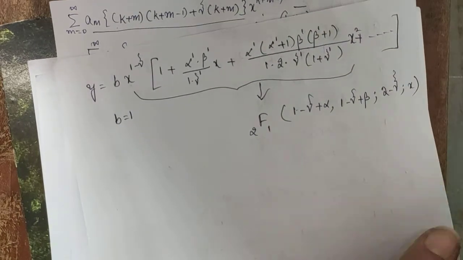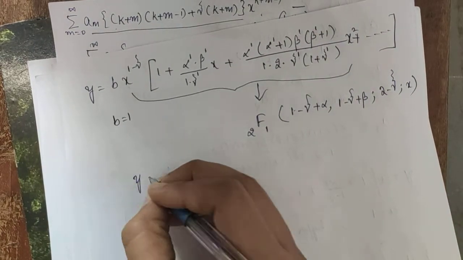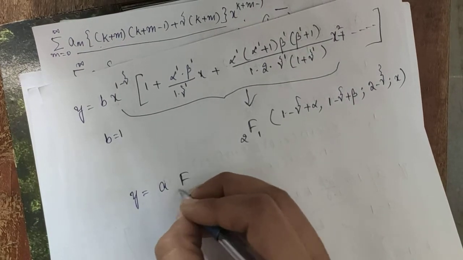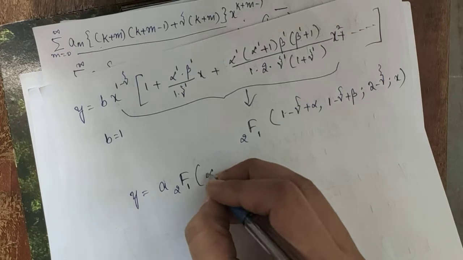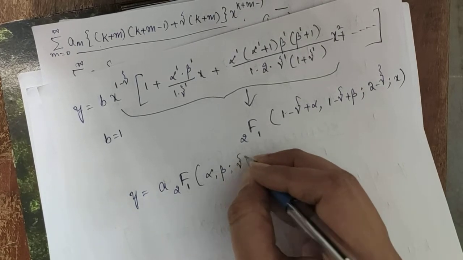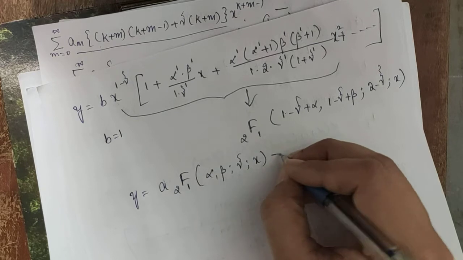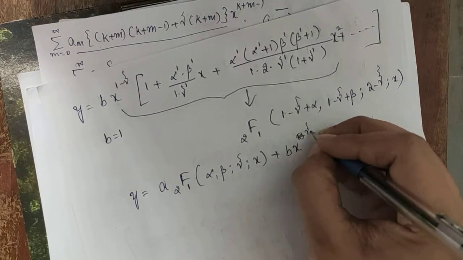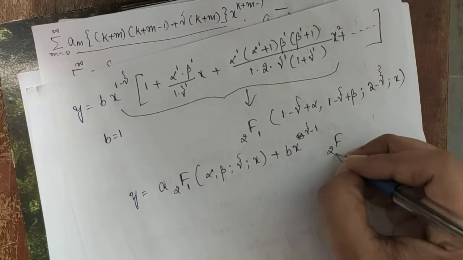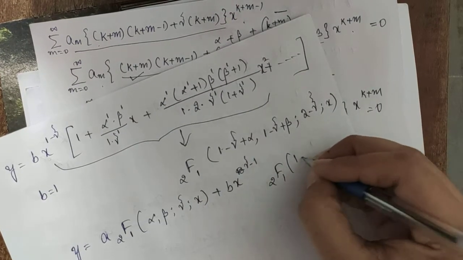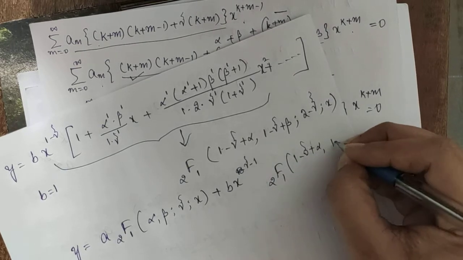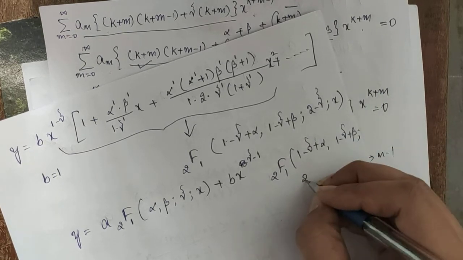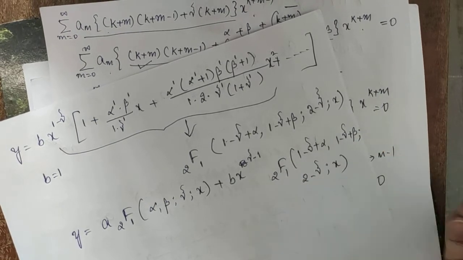So finally we can write the solution as y is equal to a into F(2,1) of alpha beta gamma x plus b into x power (1 minus gamma) into F(2,1) of (1 minus gamma plus alpha), (1 minus gamma plus beta), (2 minus gamma), x.